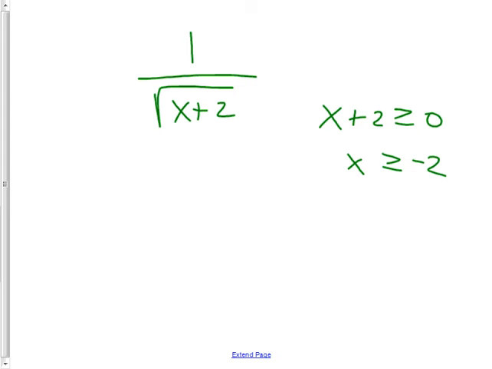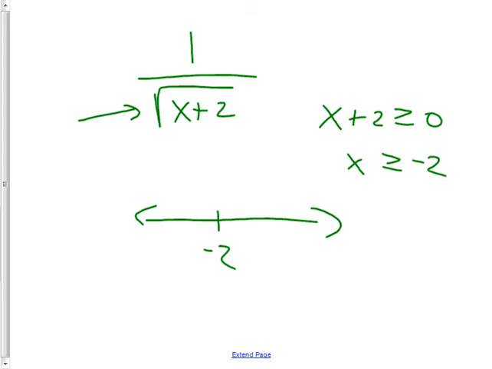Now you tell me, if I actually put in negative 2, it'll be a problem, won't it? Whereas in the past we have just not worried about that negative 2 because it would make it 0, and square roots of 0 are okay, but not if they're on the bottom. So you'd have to be extra careful if you ever have a square root on the bottom to catch this.